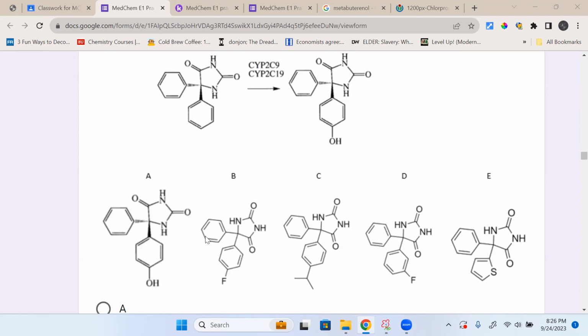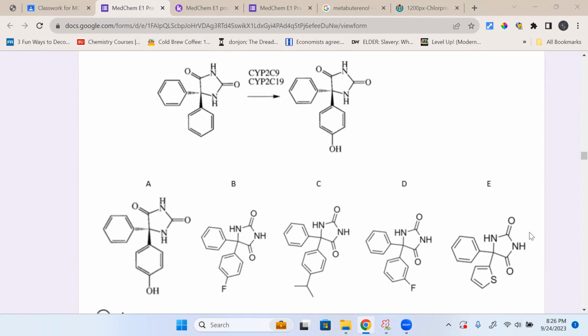So in other words, how could we inhibit this metabolism in order to make the half-life better? What do we think? Which structure would improve the half-life by inhibiting that metabolism?